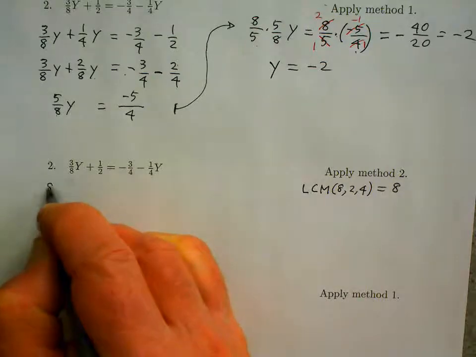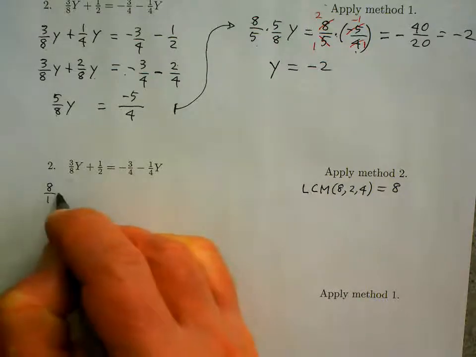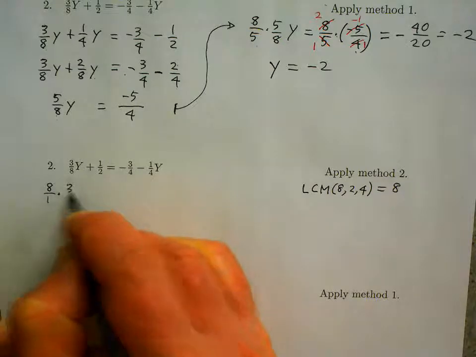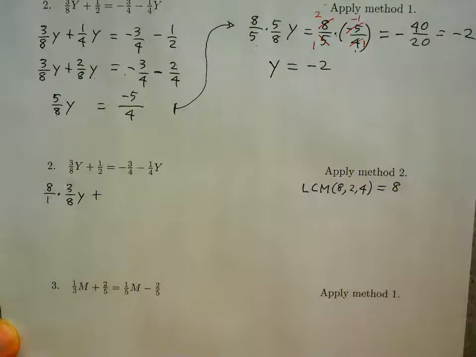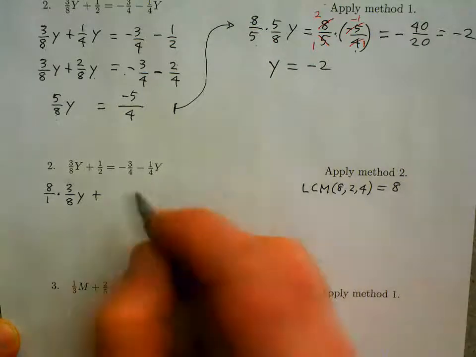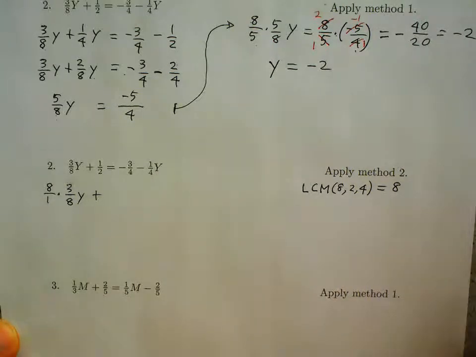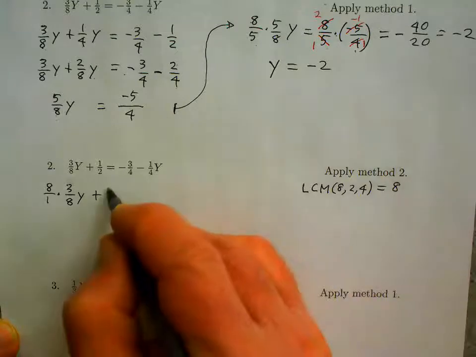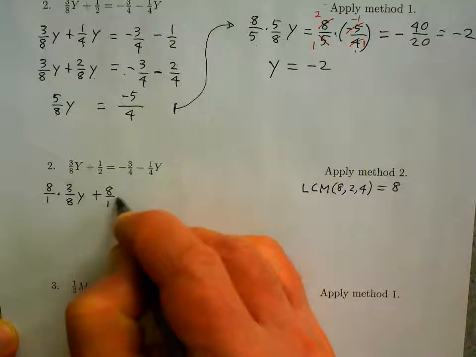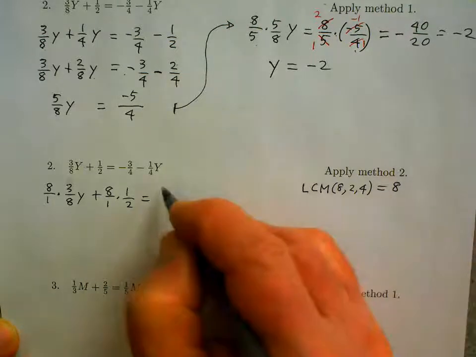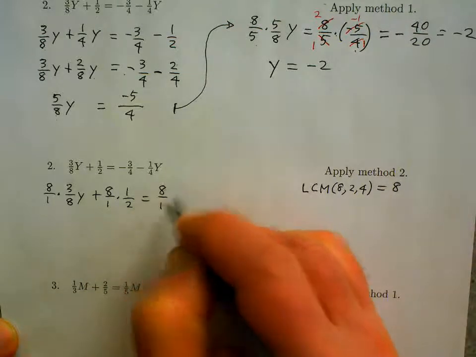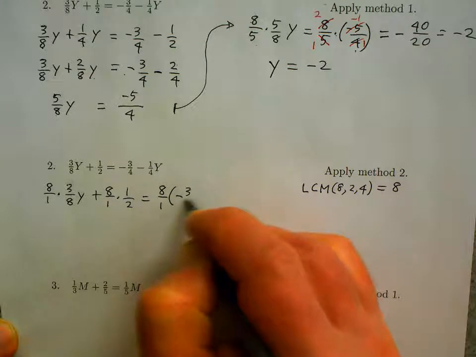It's not required, but it can help with the details of the process. So 8 over 1 times 3 over 8 times y plus 8 over 1 times 1 over 2 on the right-hand side. 8 over 1 times negative 3 over 4.